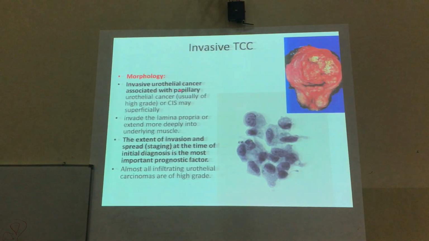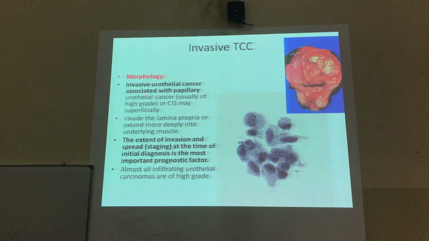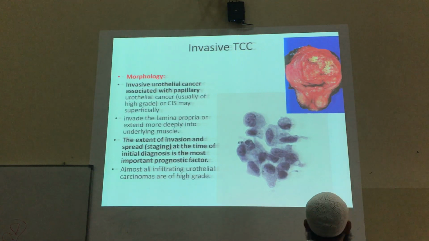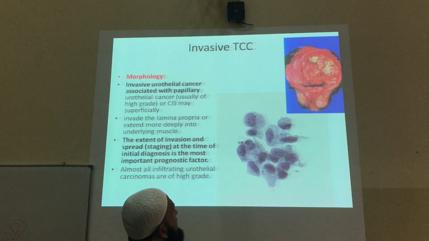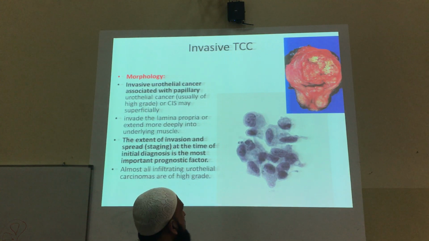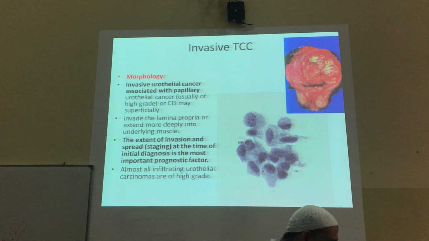Morphologically, invasive urothelial cancers are associated with papillary urothelial cancers. Usually they make a big papilla. This is the bladder, the urine bladder. Oh, it might be different. The second thought that came to my mind is that the slide was taken from Google Images under bladder cancers.